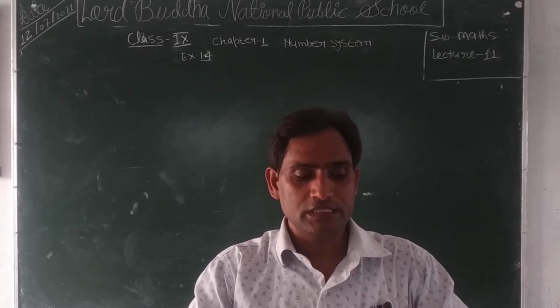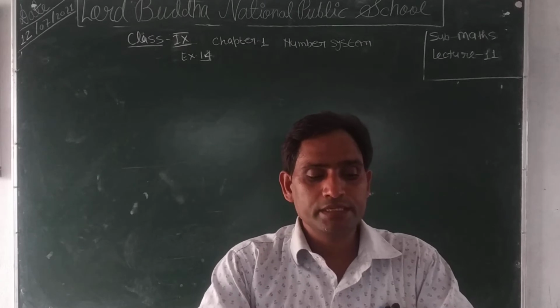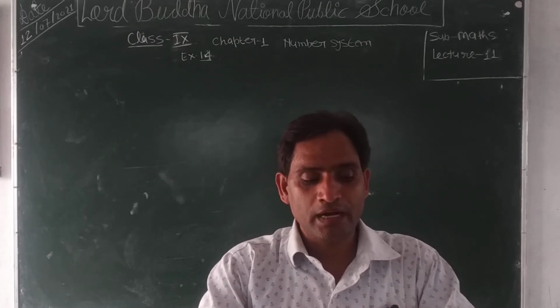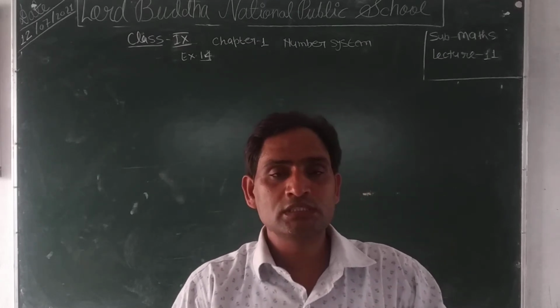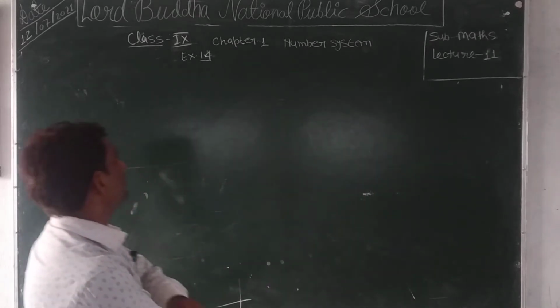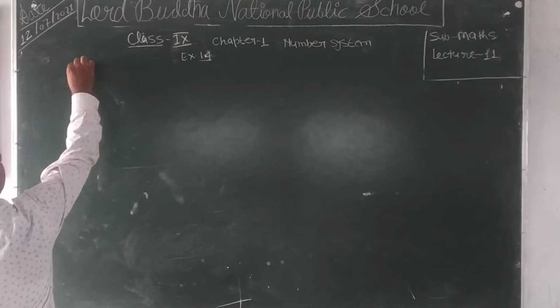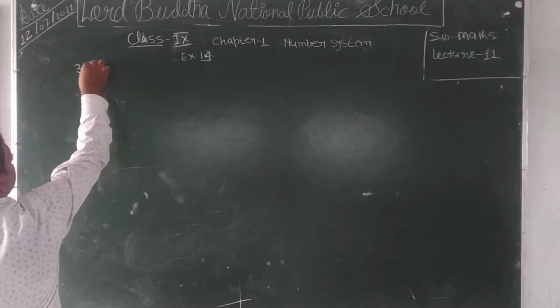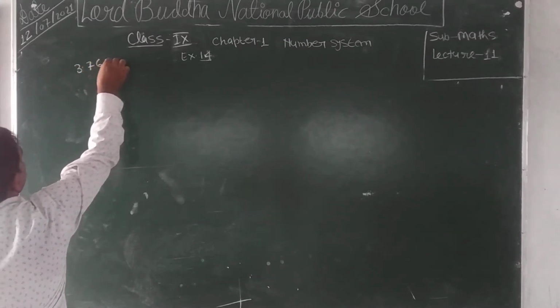The first question is, visualize 3.765 on the number line using successive magnification. Clear? Our number is 3.765.